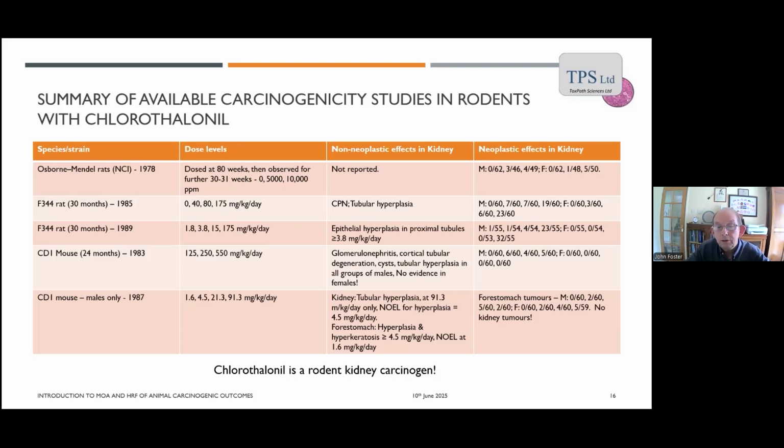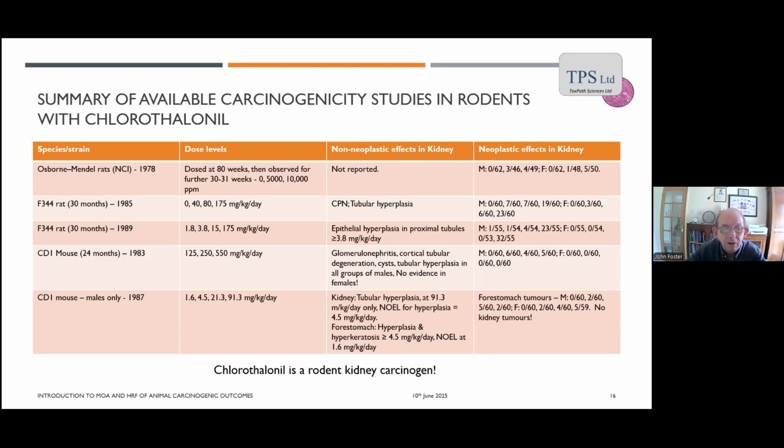So if you look in terms of neoplastic events in the kidney, in the Osborne-Mendel, these are the doses. So at the controls, 0 out of 62, and then 3, and then 4 in the males, and in the females, 0, 1, and 5. So not a great response, but still a convincing response.